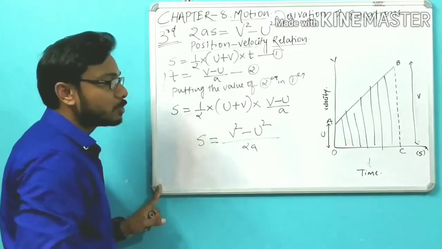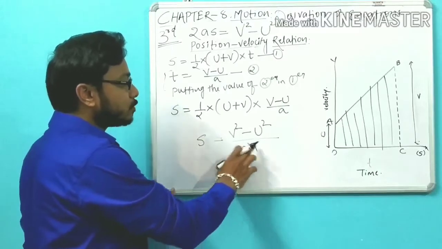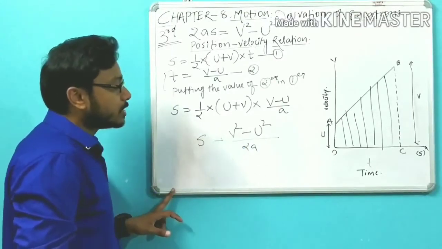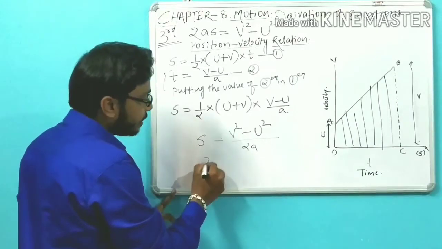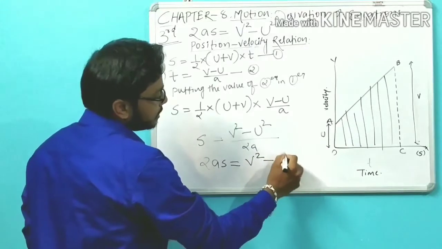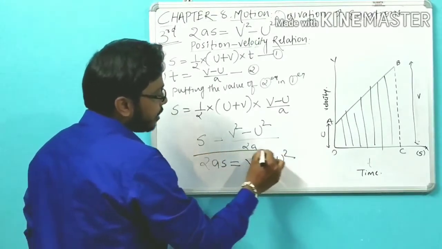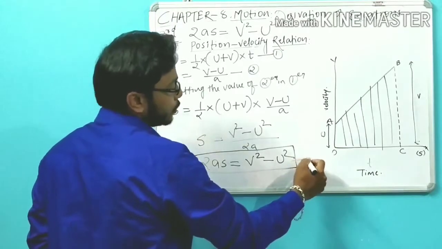So s equals (v square minus u square) upon 2a. By bringing 2a to this side, we get 2as equals v square minus u square. So here we have got our third equation of motion.